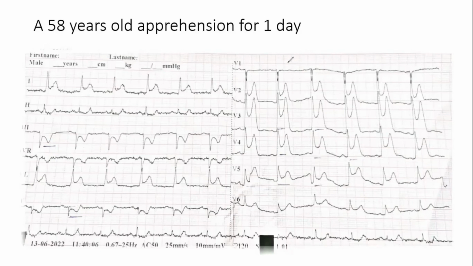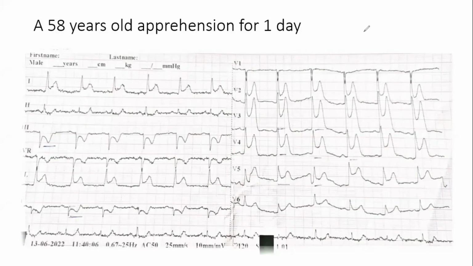So this was a case of large myocardial infarct. In this case, the territory of the anterior wall and the lateral wall was involved. This was an extensive myocardial infarction of the anterolateral walls, and there was a reciprocal depression in the inferior leads.